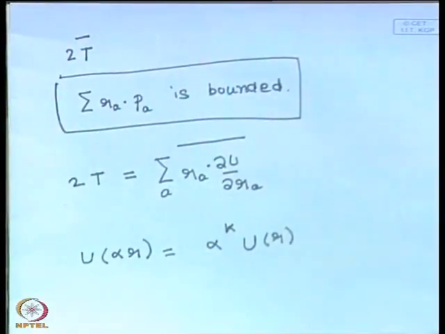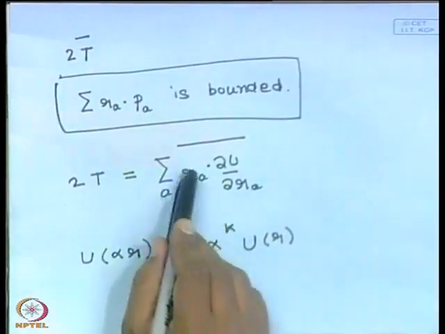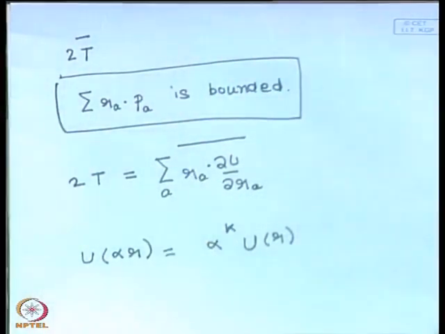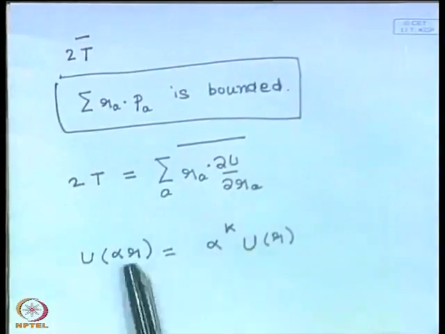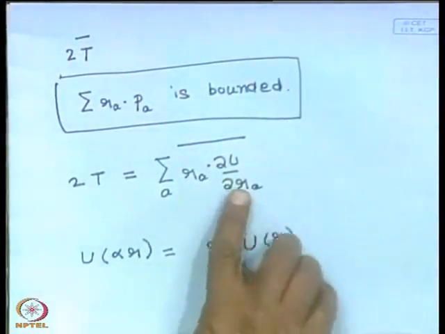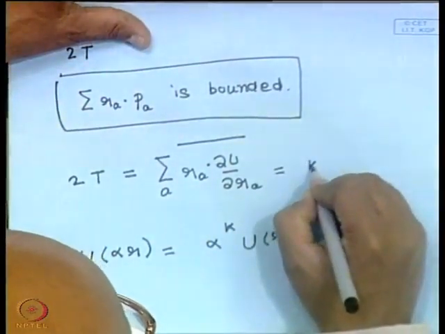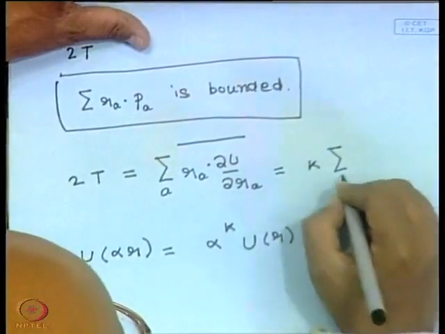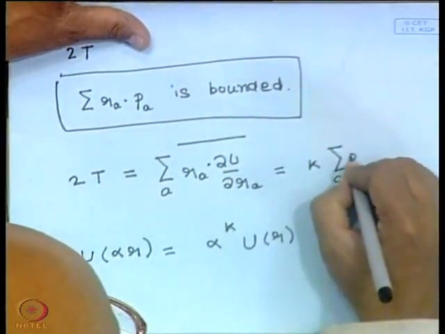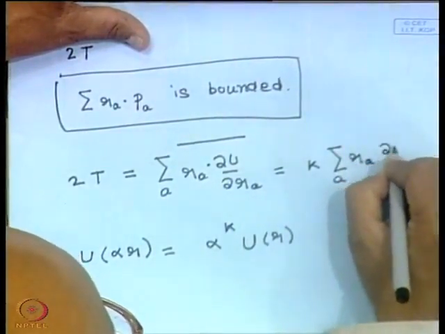In this situation, if I differentiate U with respect to r and multiply with r again, then this will be k times the same quantity.